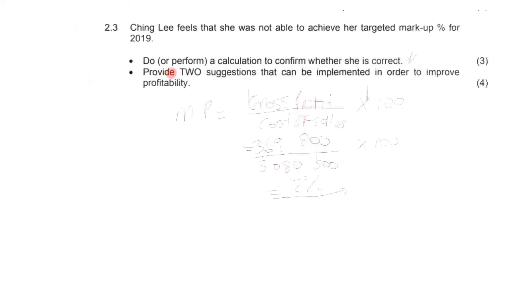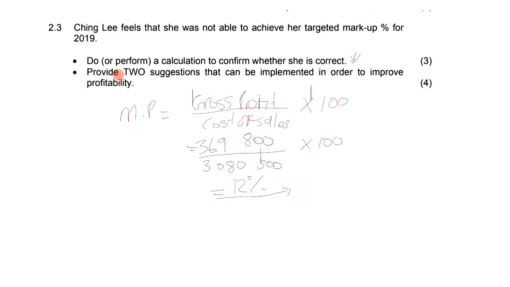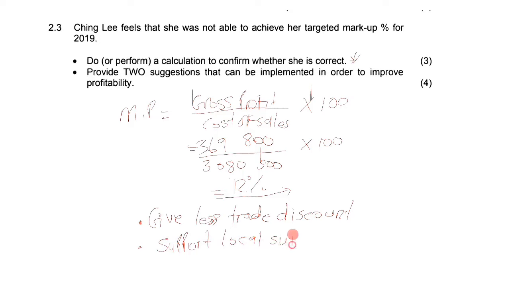Now bullet number 2, provide 2 suggestions that can be implemented in order to improve profitability. Number 1, you will say give less trade discount to customers. And then another way of improving profitability is to support a local supplier.